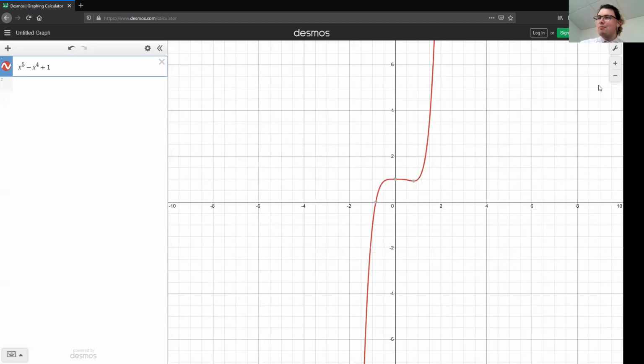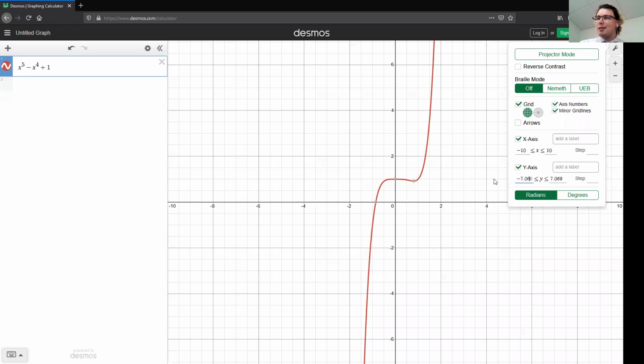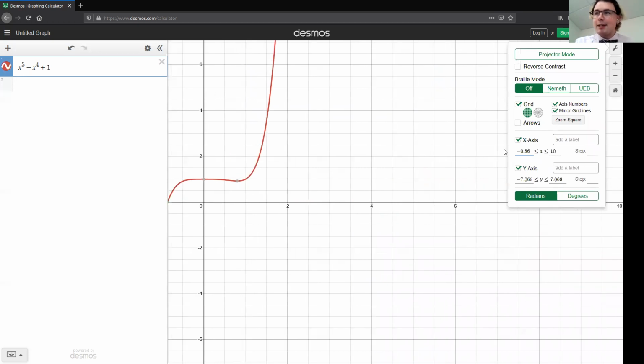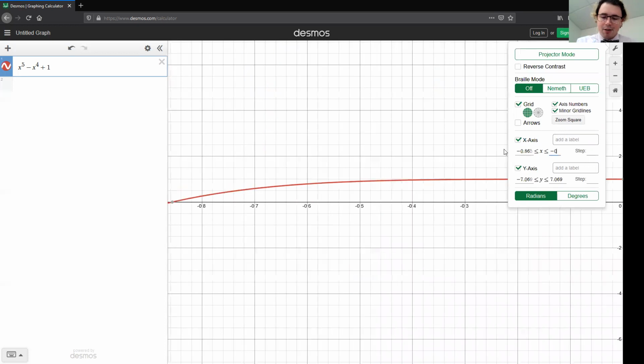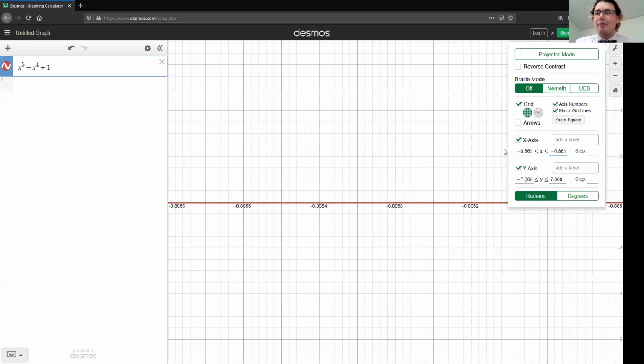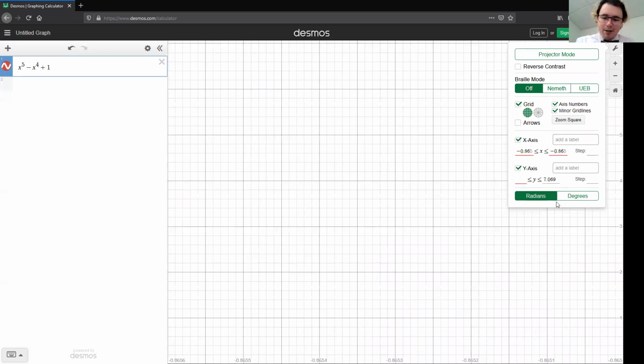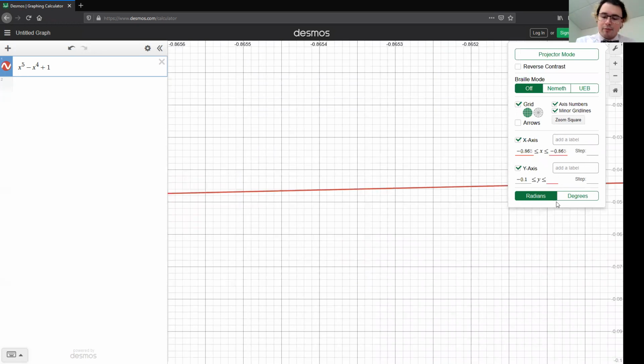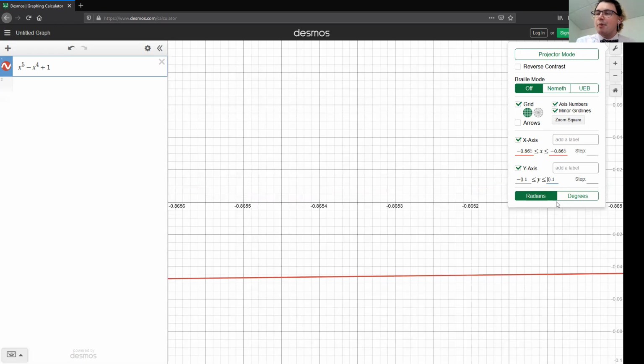So I want x from minus 0.8656 to minus 0.8658. Again, I need to zoom in on my y-axis. A little bit more than that. No, that should be good.